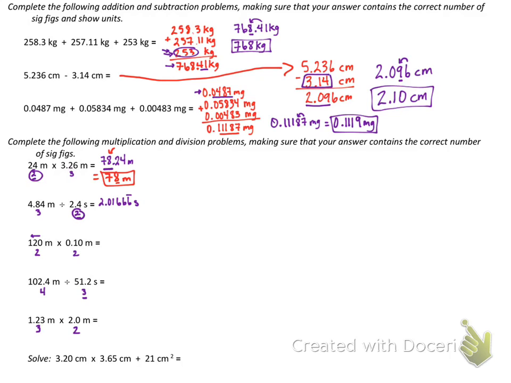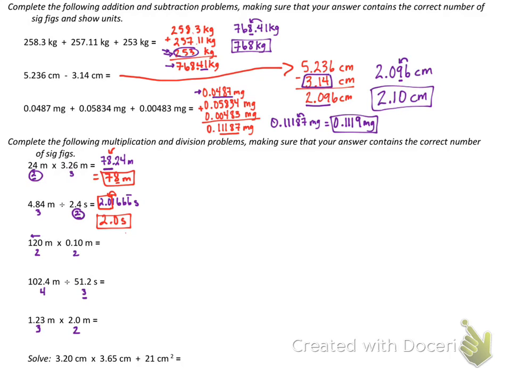So I need to make sure these 2 numbers stay. Then I look at the rest of my problem and see what impact this 1 has on a 0? None really, since it's under 5. My answer will be 2.0 seconds, and I stay with 2 significant figures.